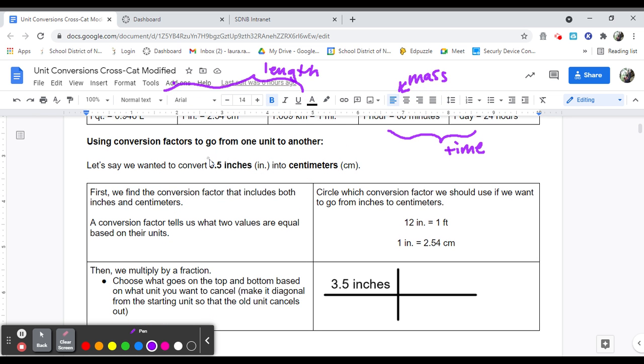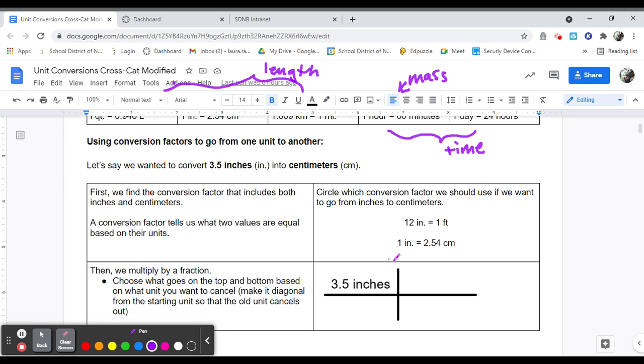Here, let's say we wanted to convert from 3.5 inches into centimeters. If I want to do that, I need to know how many inches are equal to how many centimeters. So first, we find the conversion factor that includes both inches and centimeters.